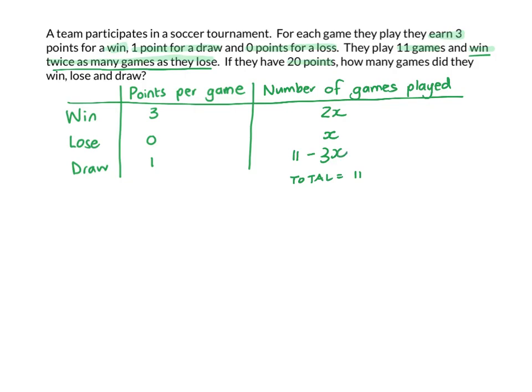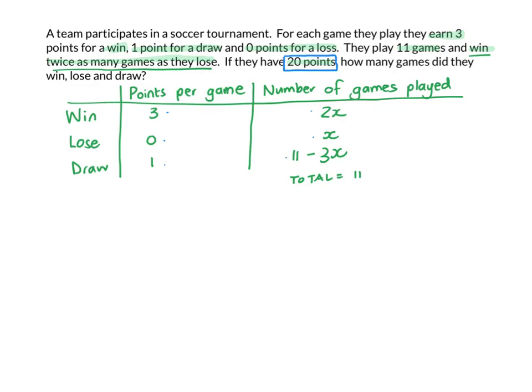Now the next thing they tell me is that I have 20 points. The way that those 20 points will be made up is 3 times the number of games they win, 0 times the number of games that they lose, and 1 times the number of games that they draw.